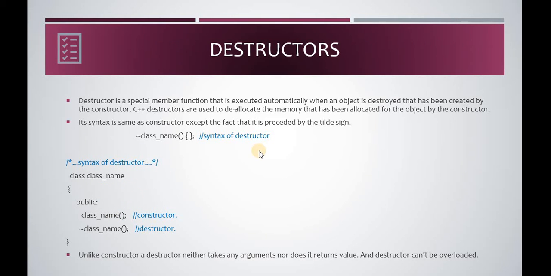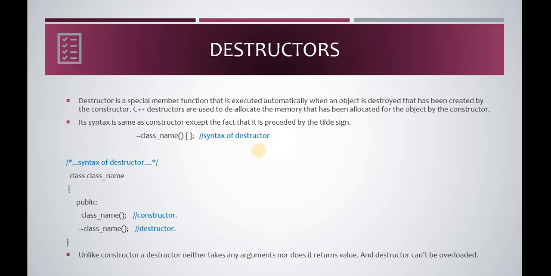Then comes the destructor. A destructor is also a special member function, which is called automatically when the object goes out of scope, or you can say when the object is getting destroyed. Where do we use a destructor? Suppose in your program you have created multiple pointers, but sometimes the programmer forgets to release that memory, and you will see memory leak issues.